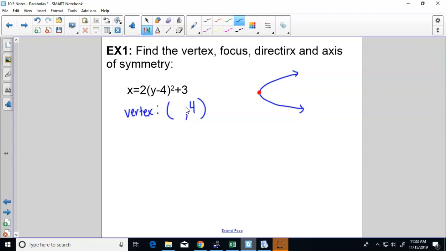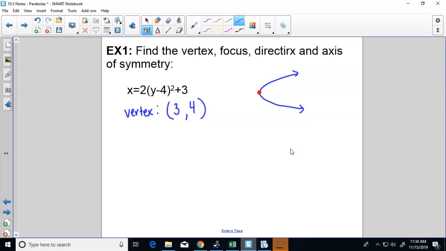The 3 is the x coordinate. It is not in the parentheses, so we do not change its sign. It's going to be a positive 3 there. So, questions on vertex?